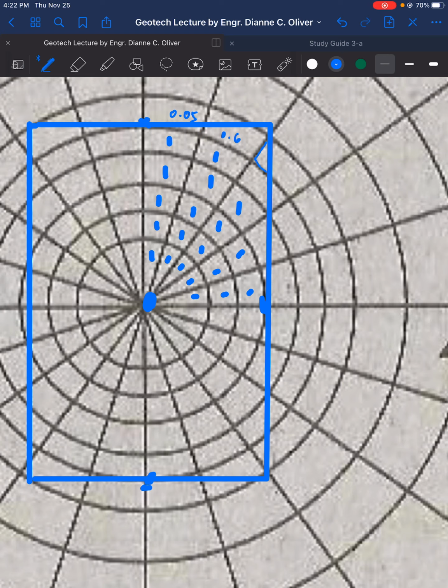Then how about this one here compared to the entire element? So we'll say this is maybe 0.2, 0.3, okay, 0.3.